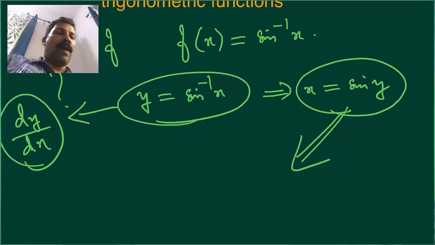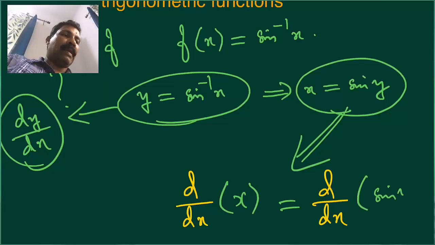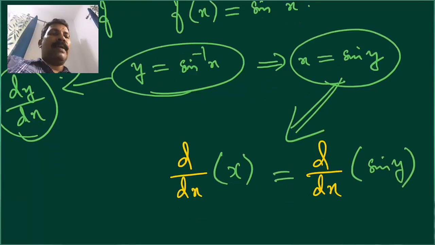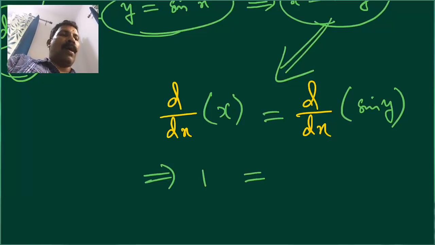So there you can apply the differential operator on both sides, that is d by dx. Then we have to operate on the left hand side and we have to operate on the right hand side like this. Then what happens? The left hand side is nothing but 1 and d by dx of sine y. D by dx of sine y we can't do directly because there is a variable mismatching problem.